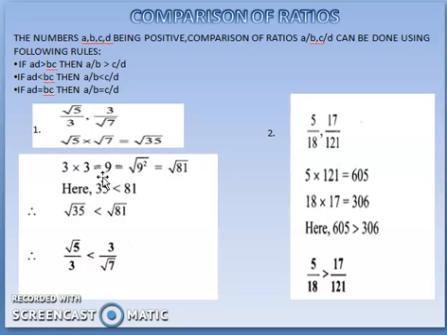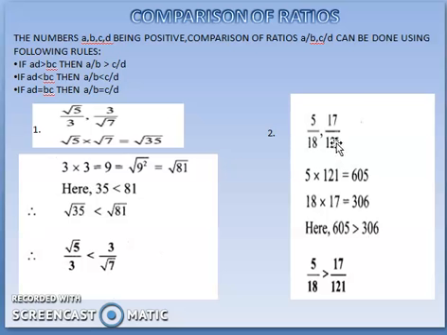Here 3 multiplied by 3 gives 9, which we can write as root of 9 squared, that is root 81. So AD is root 35 and BC is root 81. Here 35 is less than 81, so root 35 is less than root 81. Therefore, root 5 upon 3 is less than 3 upon root 7.